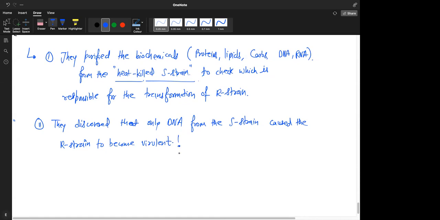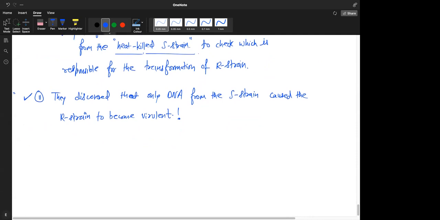Is it clear? It was a very clear conclusion. And they also tried to provide the proof of principle, or cross-check the results, by using digesting enzymes.